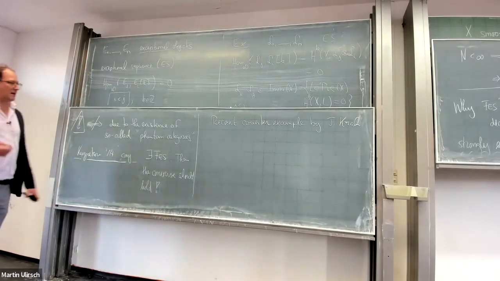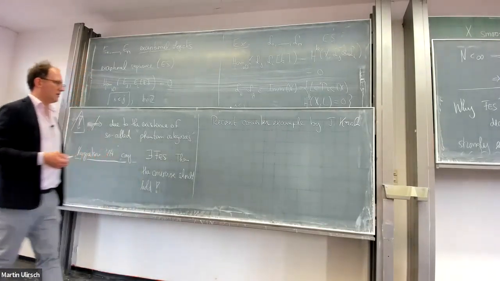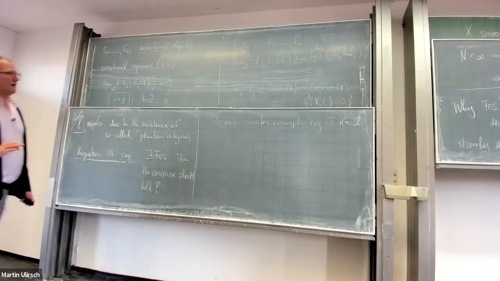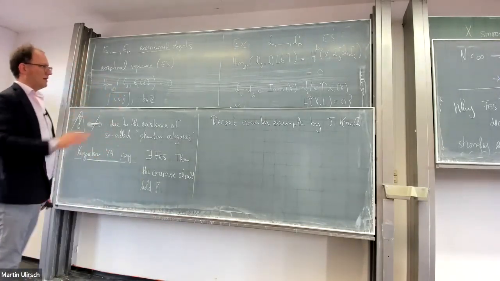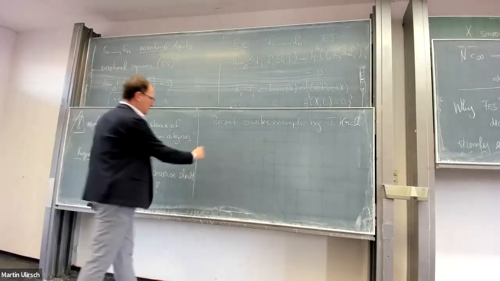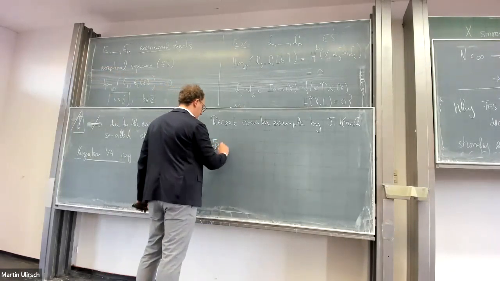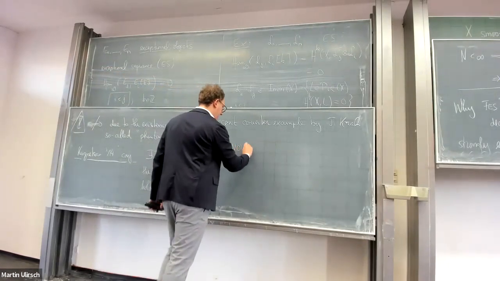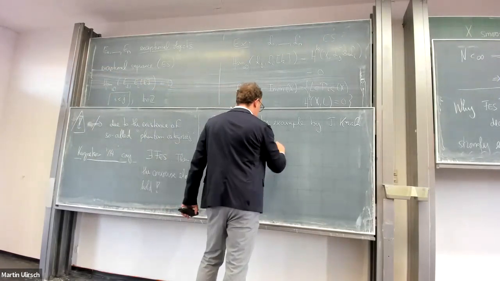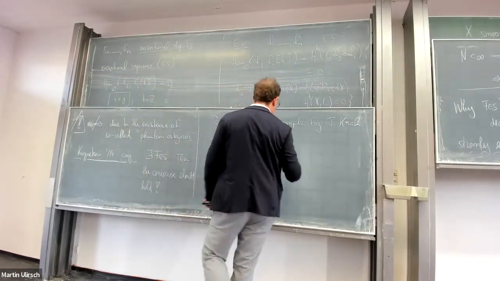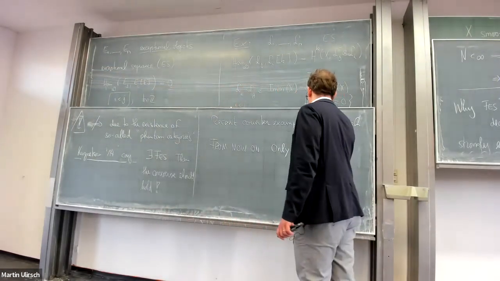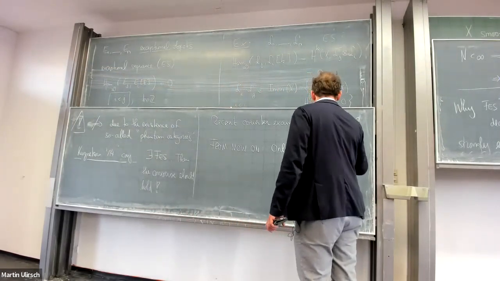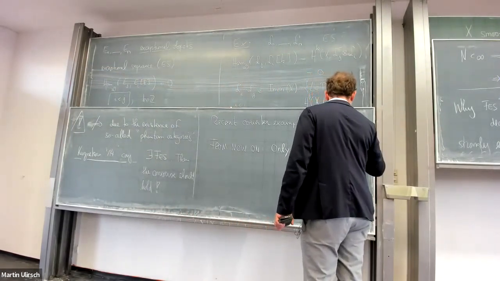So that is a very active area of research, but it's also very complicated. So I don't want to do anything fancy from here. So from now on, if I say exceptional sequence, I always have line bundles.